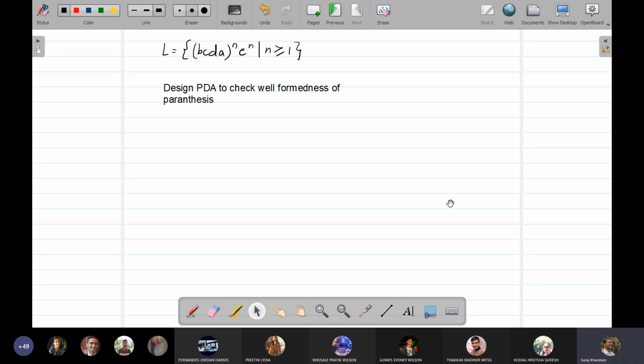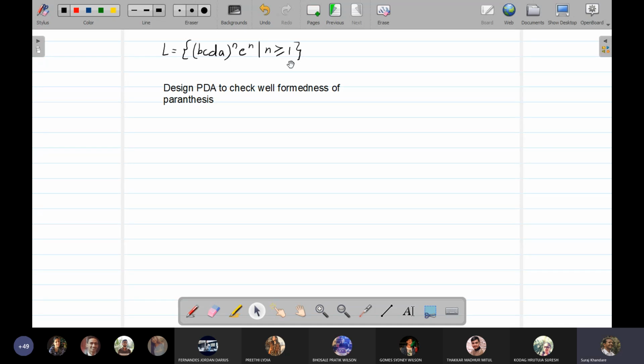This is when the stack top is R. And suppose the stack top is X. So Q0 to Q1 on getting B, Q1 to Q2 on getting C, Q2 to Q3 on getting D, and Q3 to Q0 on getting A. And then you push X onto the stack. So we'll be in Q0 and E comes in.